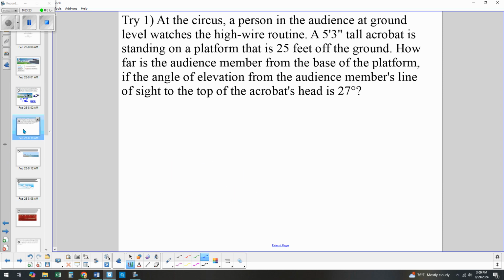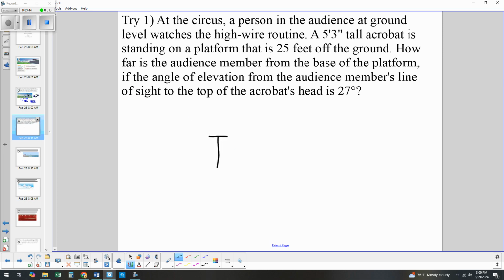All right, so this is one for you to try. I'm actually going to draw a picture for you on here if you'd like to pause after I've done that. We have at the circus a person in the audience at ground level. So their eyeballs are in fact at ground level. Watches the high wire routine. A 5'3" tall acrobat is standing on a platform that is 25 feet off the ground.